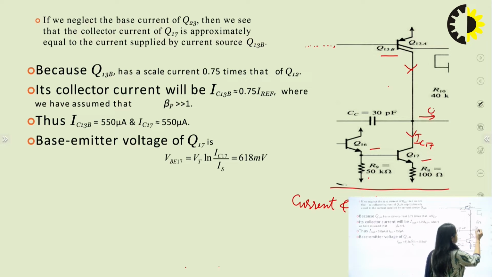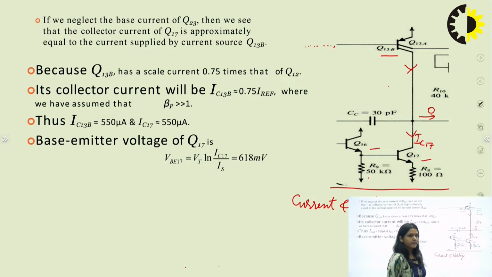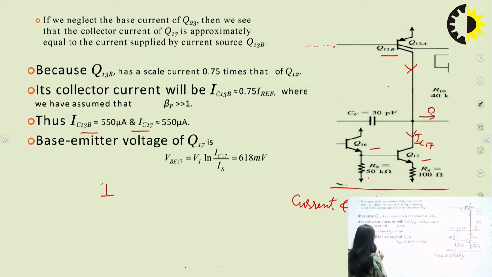So, we have concluded that IC17 is equal to IC13B.